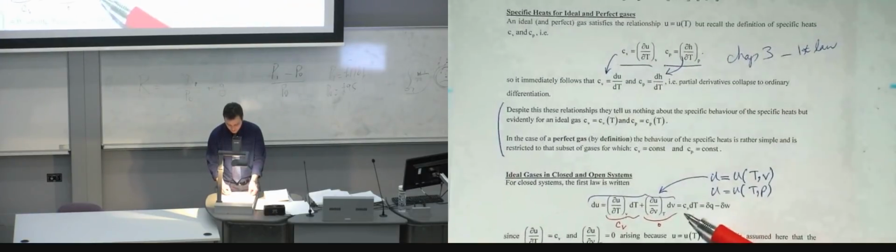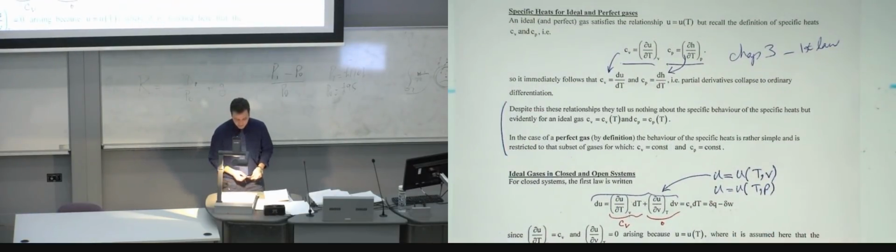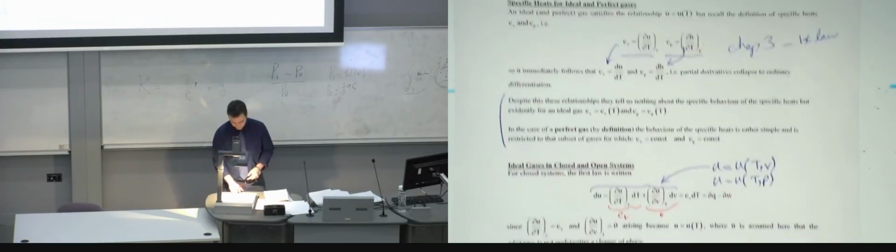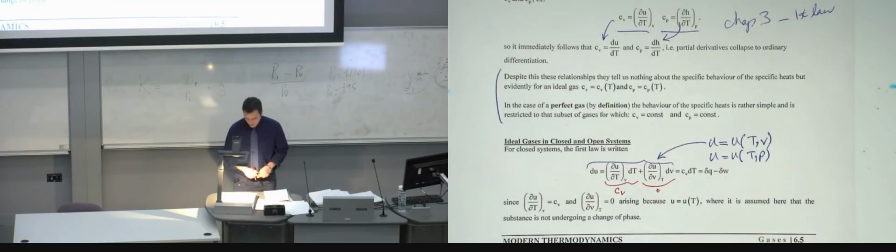Therefore, this equation could be written as CV dT equals delta Q minus delta W. And here's the reason as I just explained.